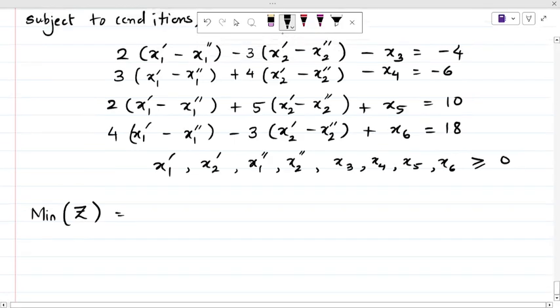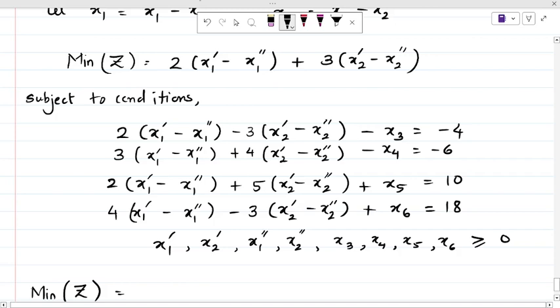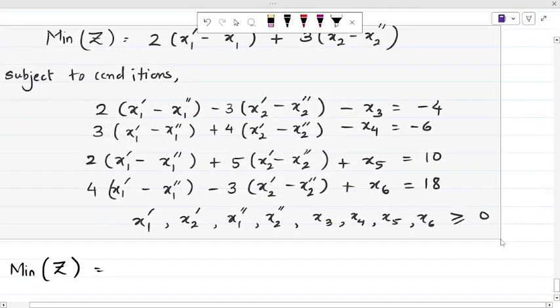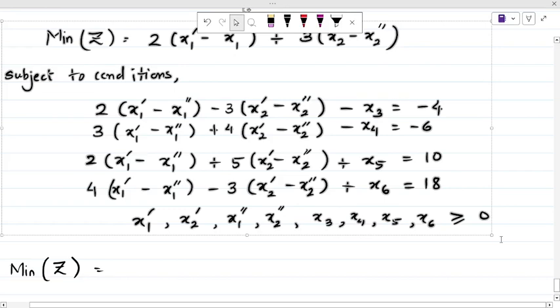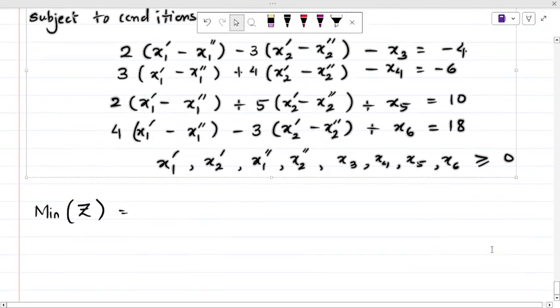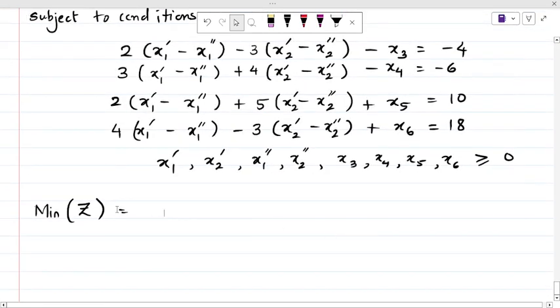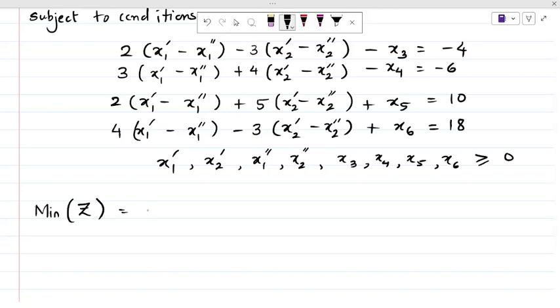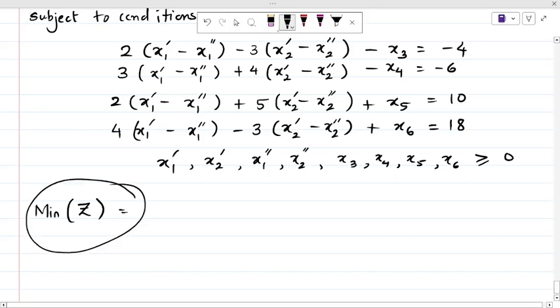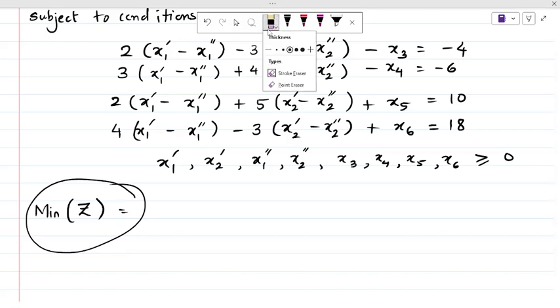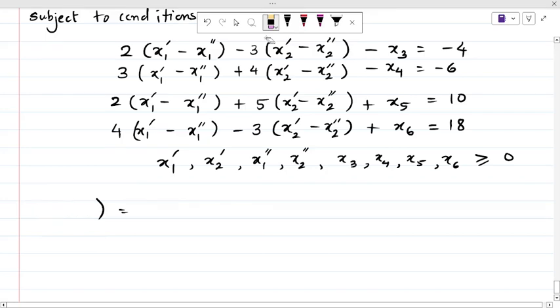So all the same things will be there, but what will happen is, we will paste it here.